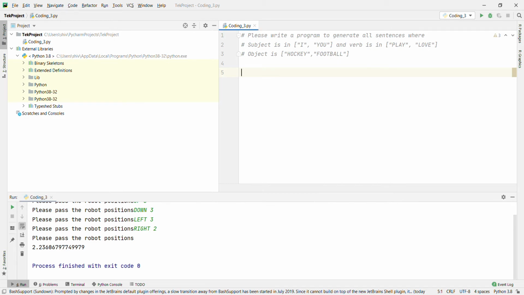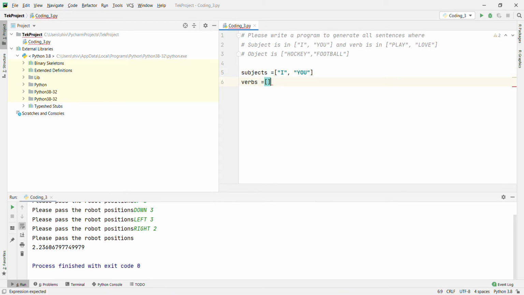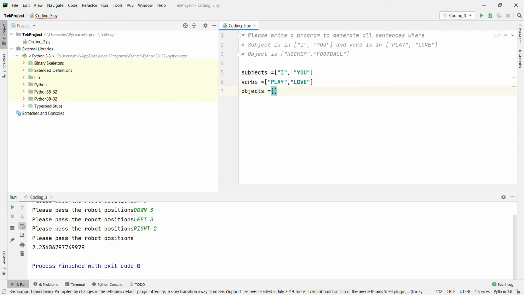Let's start. First we are going to create the list subjects equal to I and U. This is the subject. The verbs are play and love. The objects are hockey and football.